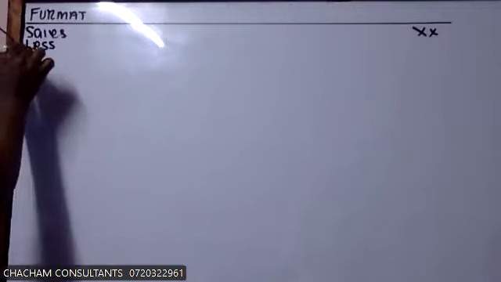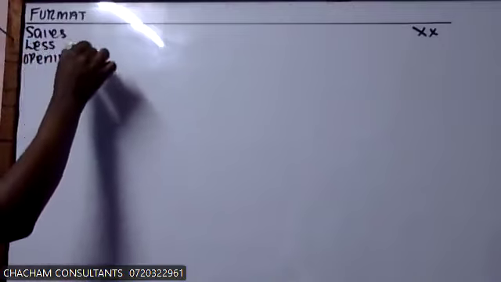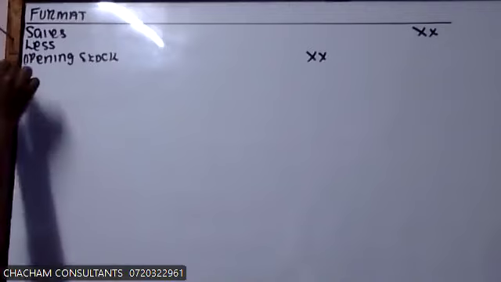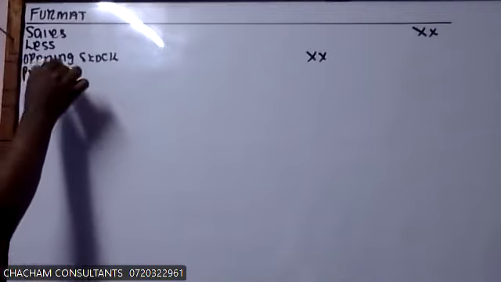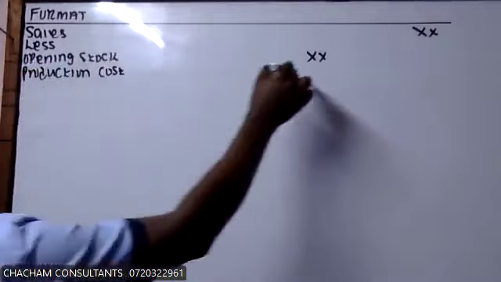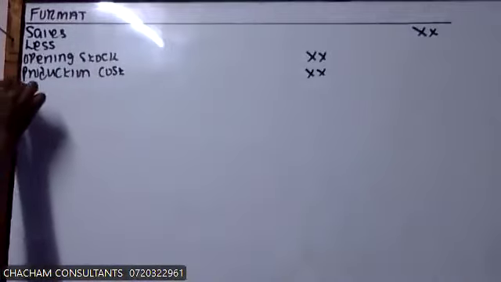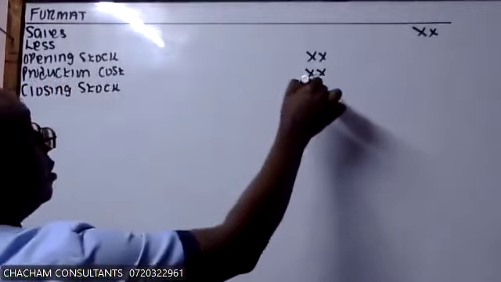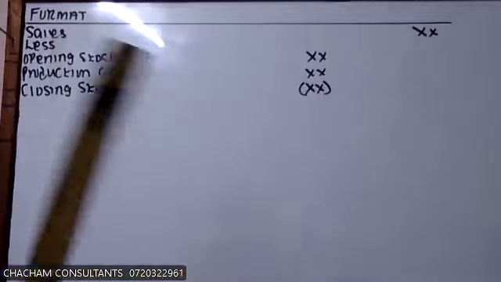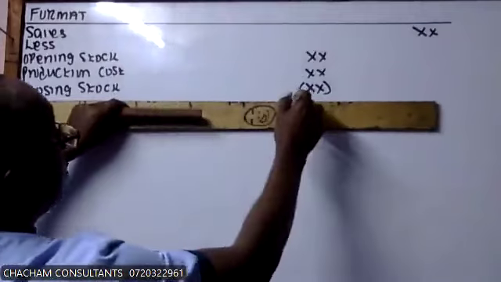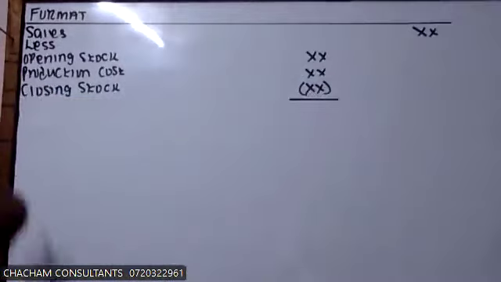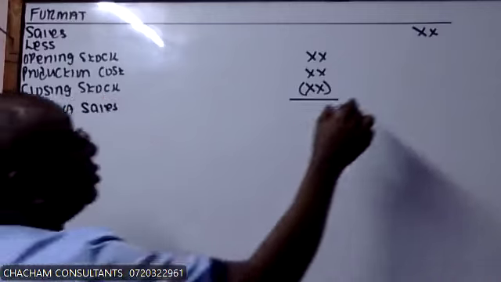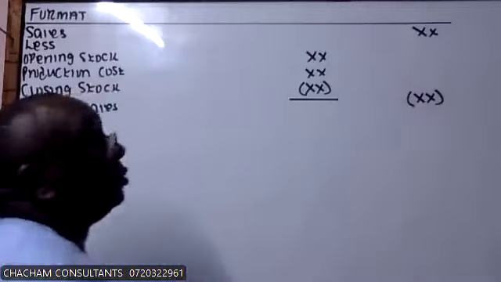Less opening stock, production costs, and closing stock. That gives us the cost of sales.